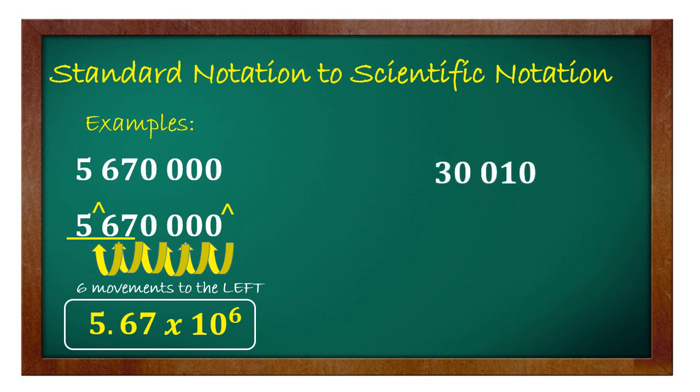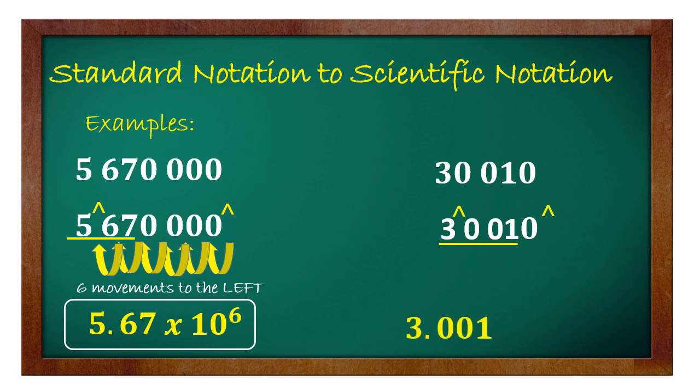Another example is 30,010. So, sa 30,010 natin, ang decimal point ay nasa right side. Okay? And then, ang significant figures natin will be 3, 0, 0, and 1. So, mula dun sa 3001, maglalagay tayo ng decimal point na kung saan ang magagawa dapat natin na number should be greater than or equal to 1 but less than 10. So, ang decimal point ilalagay natin sa pagitan ng 3 and 0.